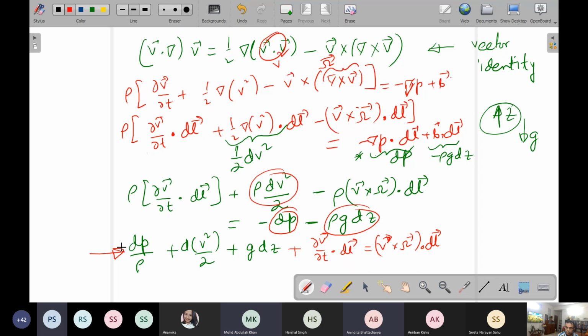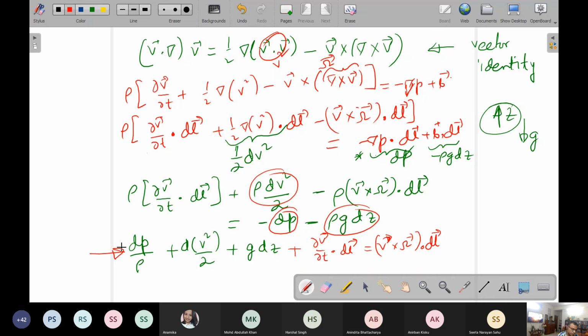Steady and irrotational. Yes? Steady and irrotational. No, steady flow is not considered. So unsteady term is very much there. Inviscid flow. Inviscid flow. So two assumptions. One is inviscid flow. Another is gravity is the only body force and that acts along the negative z direction.